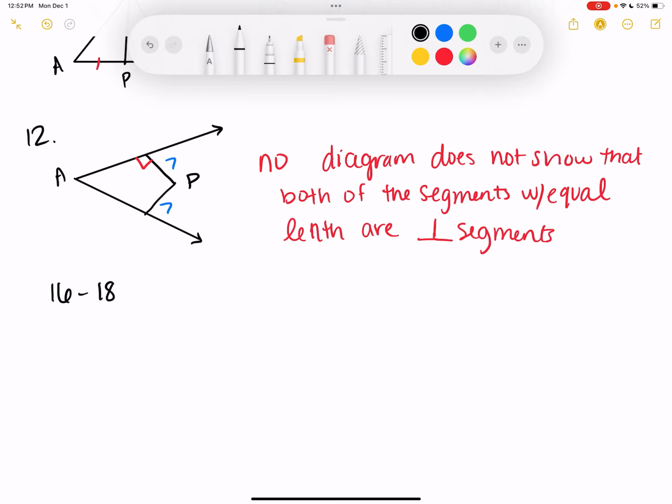All right, 16 through 18, they give us a picture. So I'm going to go ahead and draw it.